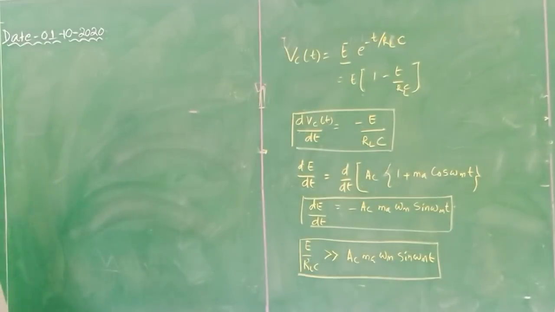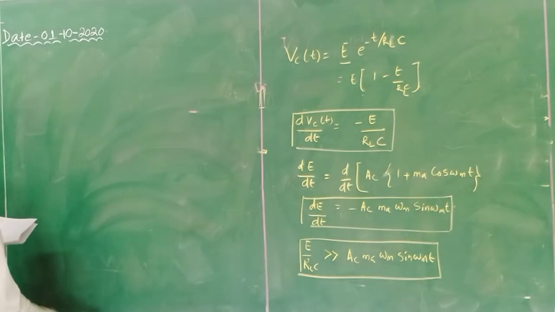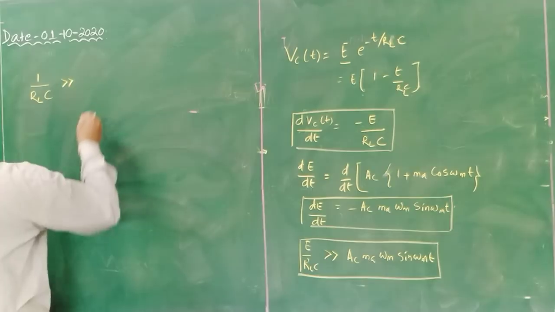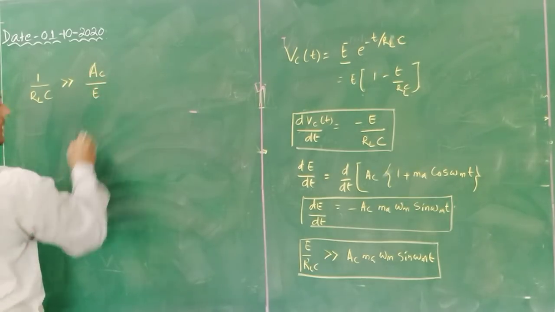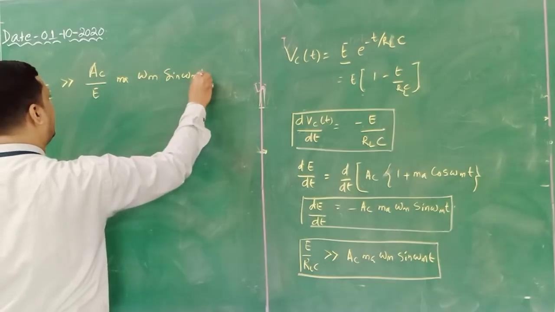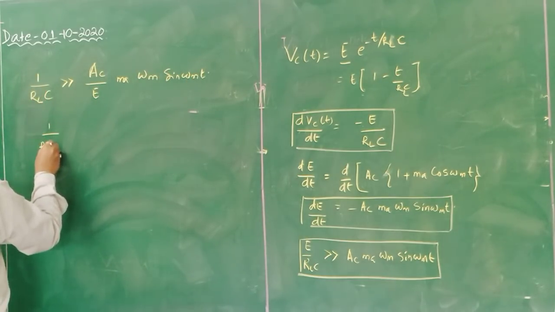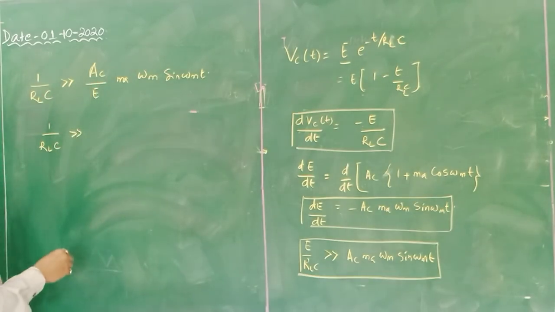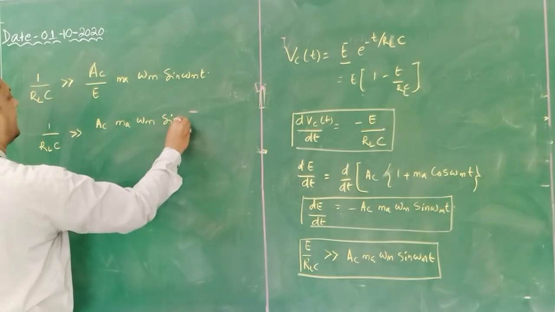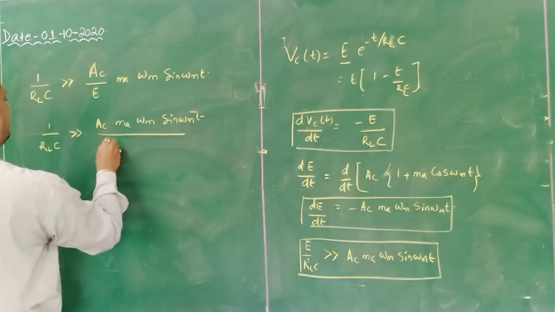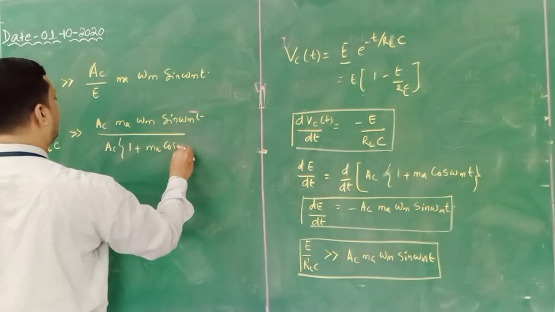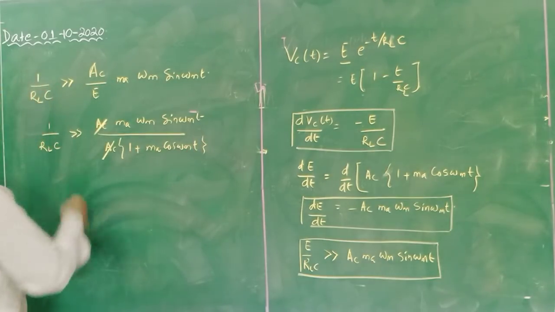Now if it is related with respect to the modulation index, how are we going to proceed? We are going to proceed with 1 by RL into C is very much greater than Ac divided by the terms that get cancelled out.